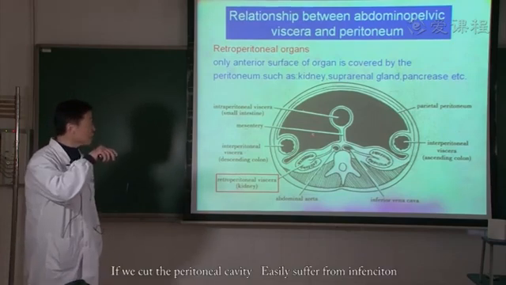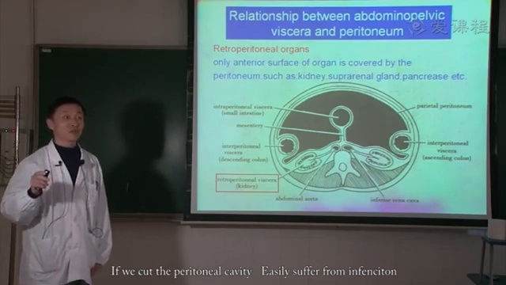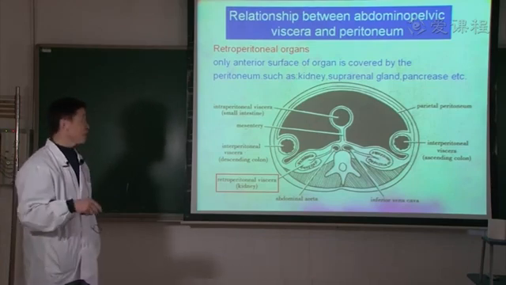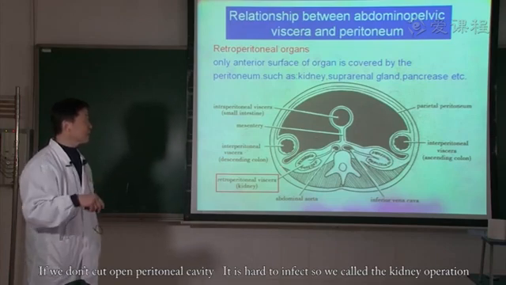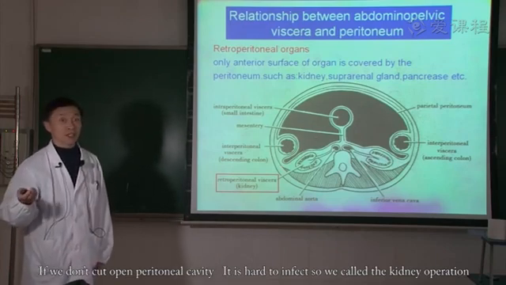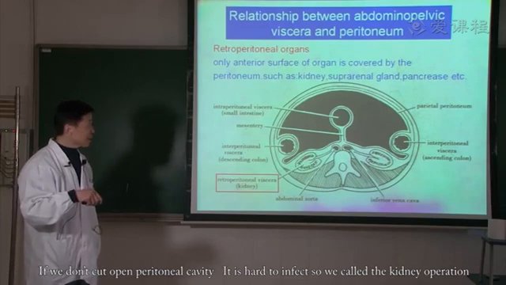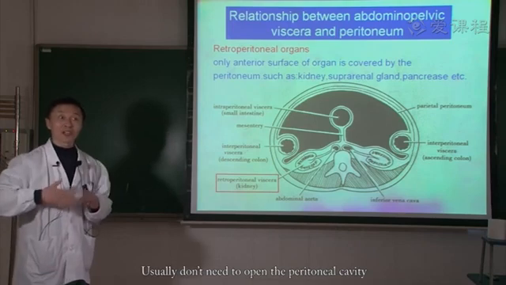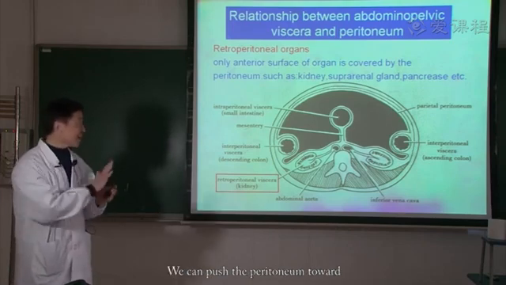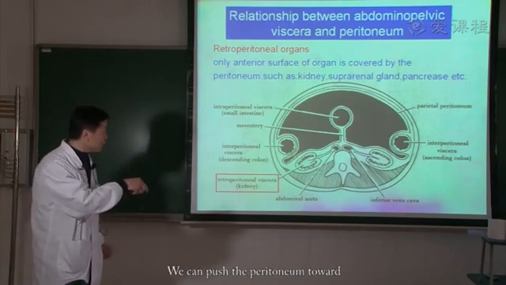If we cut the peritoneal cavity, we easily suffer from infection. If we don't cut open the peritoneal cavity, infection is hard. So kidney operations usually don't need opening the peritoneal cavity. We can push the peritoneum toward.